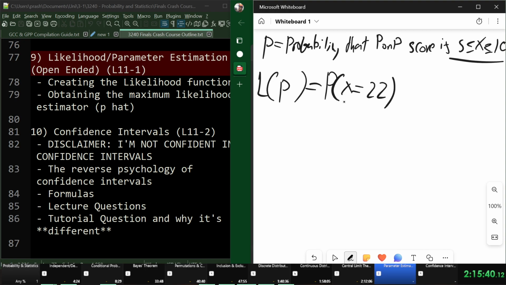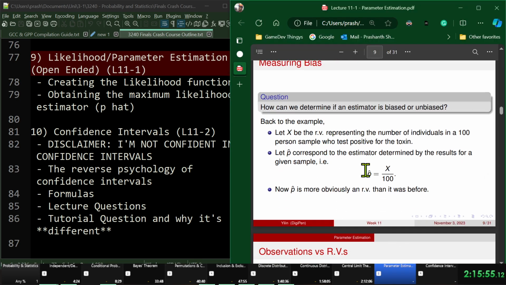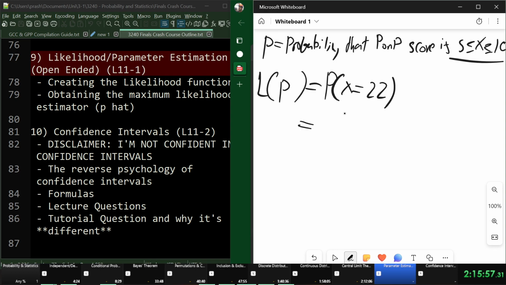So from our sample measurement, we know that 22 people gave that score. So there must be some probability that it exists. And we want to find out what the P would be in order for that to happen. But at this point, you can probably tell I'm using the same numbers as the question in the slides, so I'll just work with that. So in this case, it's a binomial distribution with the slides.